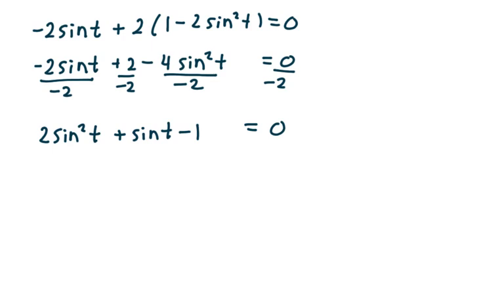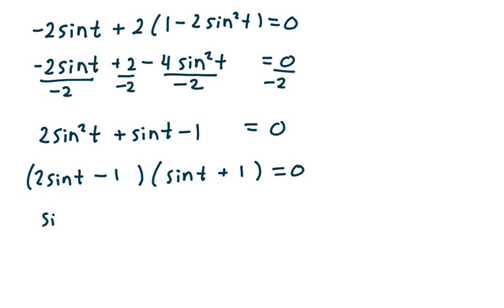Now let's factor. So I get 2 sine t, leave a little space, and then sine t, leave a little space, equals 0. I'm going to put a plus 1 here and a minus 1 over here. So what that tells me is sine of t equals 1/2, or sine of t equals -1.